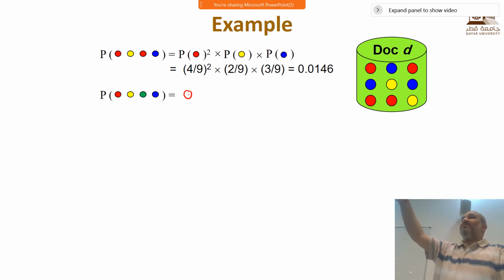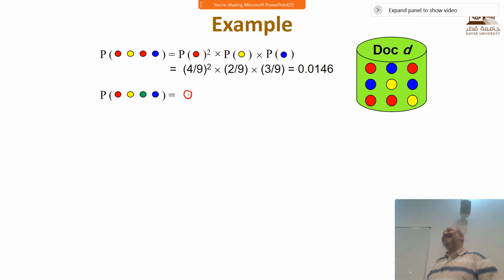Or do you think it's good? What do you mean by you need the other term? The probability of seeing this sequence from the language model is 0 because green has never appeared in the document. Fine, but it's not the probability of each term separately, right? So we want to compute the probability of this sequence.